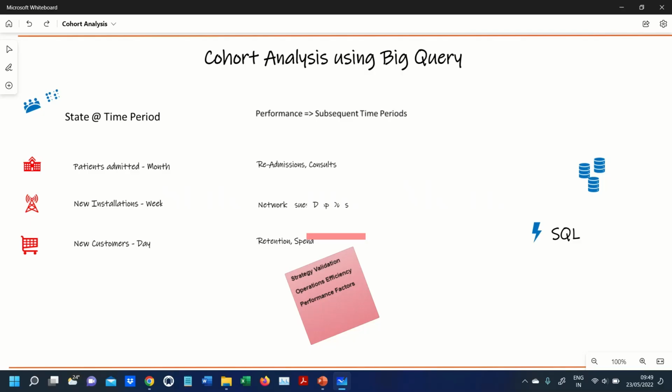All right, so in this video we are going to discuss cohort analysis using BigQuery.